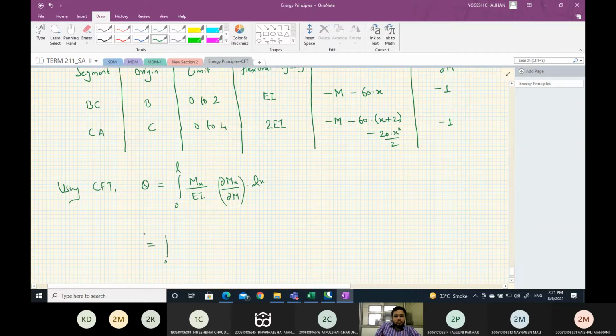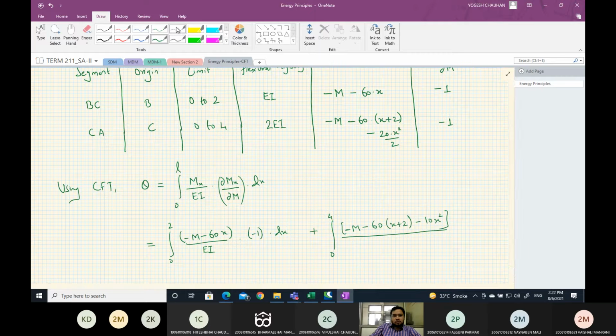So for the first segment, integration from 0 to 2, moment is given by minus M minus 60x divided by EI, times del M by del x, which is minus 1, dx, plus the second term, integration 0 to 4, moment is minus M minus 60 into x plus 2 minus 10x square, divided by 2EI, into minus 1 dx.